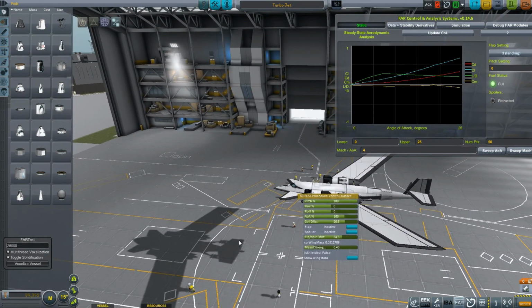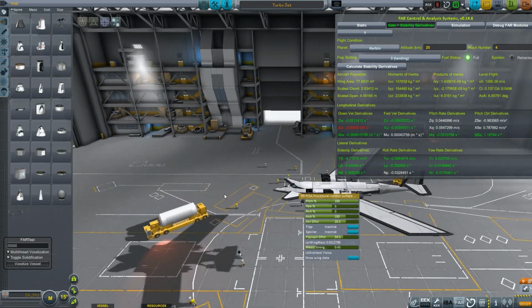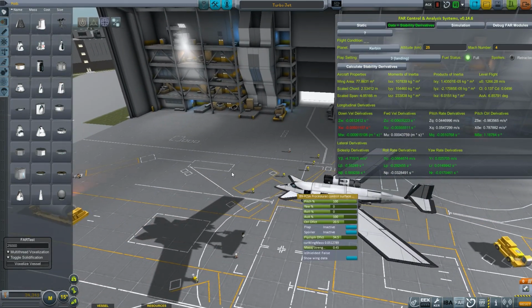This can be desirable in some situations. It can improve your stability, but in other situations it can cause problems, usually by messing with these values. It is just something that may give you a little bit more control without making your plane too maneuverable.